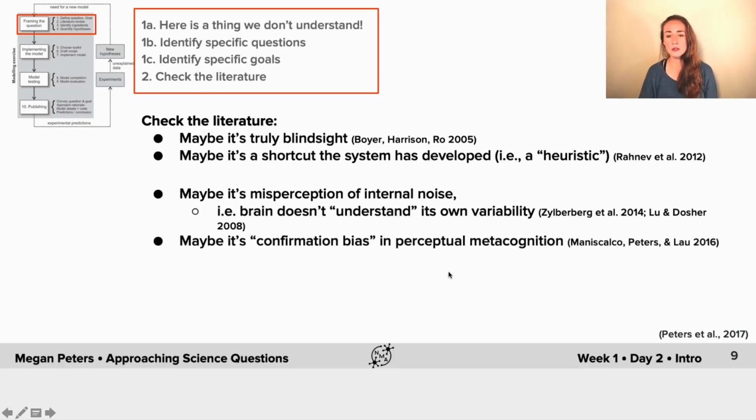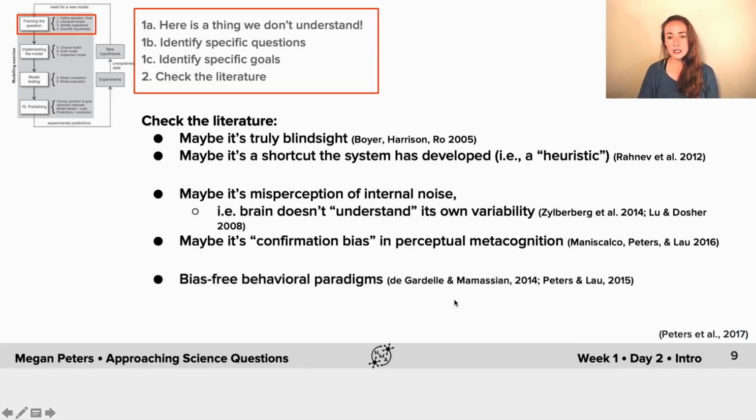And then there was also some other work, including some of ours, that suggested there might be a confirmation bias in perceptual metacognition, which I told you about yesterday. So we took all of these to help inspire our modeling approaches and our mathematically specific hypotheses, which we'll go over in a second. But in addition to all of these theoretical motivations, we also knew that we needed to come up with a behavioral paradigm to fix that bias that I told you about previously.